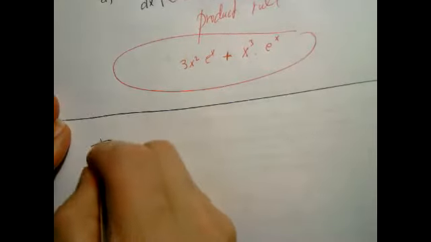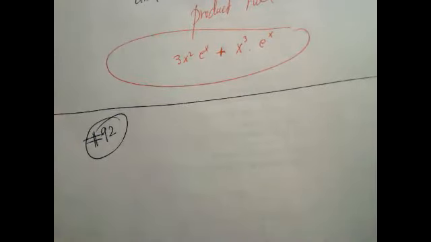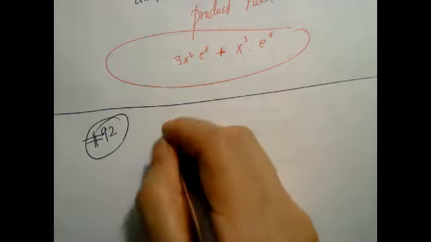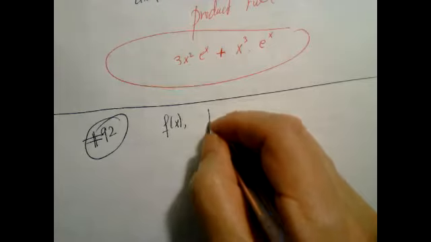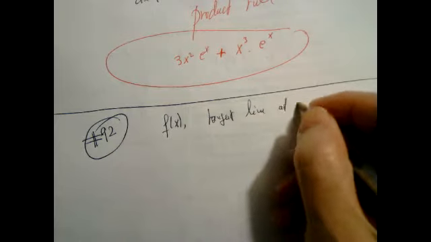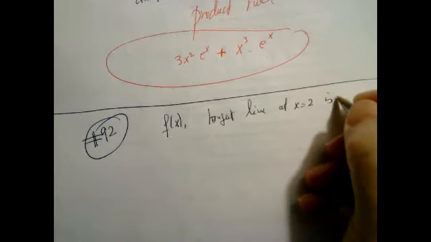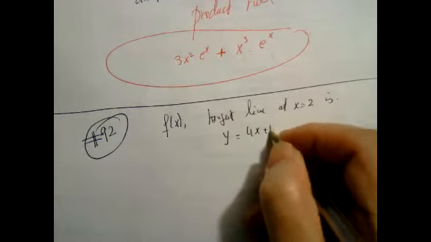So number 92. Suppose the line tangent to the graph of f at x equal to 2, so we have a function f of x, and they give me the equation of the tangent line at x equal to 2: y equals 4x plus 1.